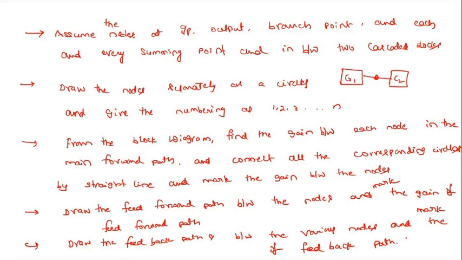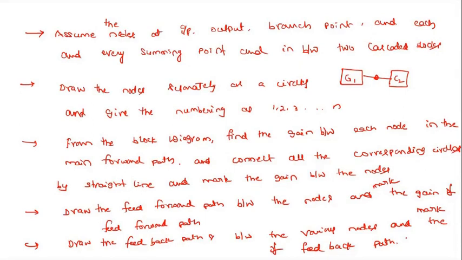Let me explain one more time. For the first point, assume the nodes at input, output, branch points, and each and every summing point, and in between 2 cascaded blocks. Suppose you have 2 blocks G1, G2, in between that point also you can assume as a node. Second point is draw the nodes separately as circles and give the numbering as 1, 2, 3, 4, and so on.